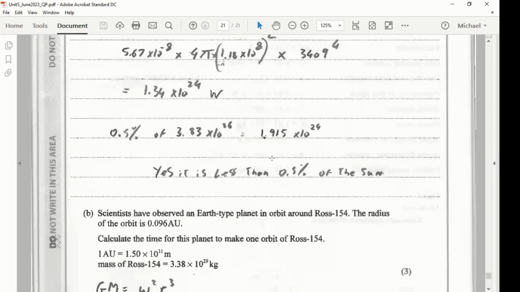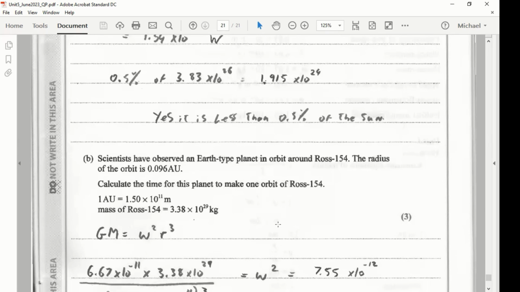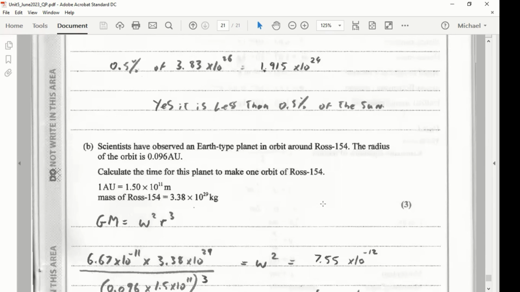Scientists have observed an Earth-type planet in orbit around Ross 154. The radius of the orbit is given. Calculate the time for this planet to make one orbit of Ross 154, and you're given a bit of data. So you will use the most important formula in astrophysics. Big G, big M for any orbital system is a constant.